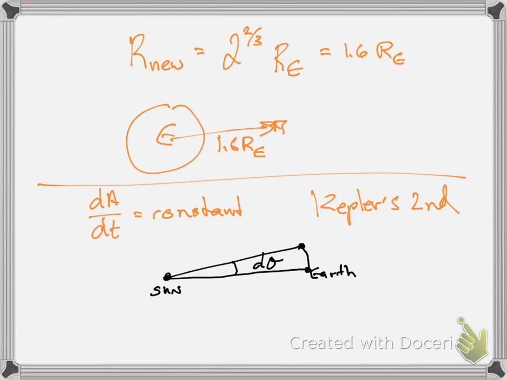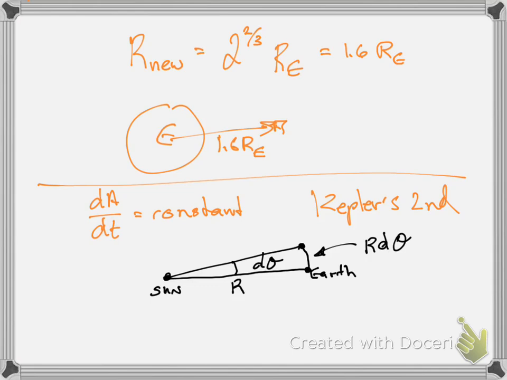In the time that it takes to move that small angle d theta, the Earth will move a distance, where r is the distance from the sun to the Earth, of r d theta. That's arc length, r d theta. The area of this triangle-ish kind of thing, it's got a curved end, but that curved end can be approximated as being straight if d theta is small.